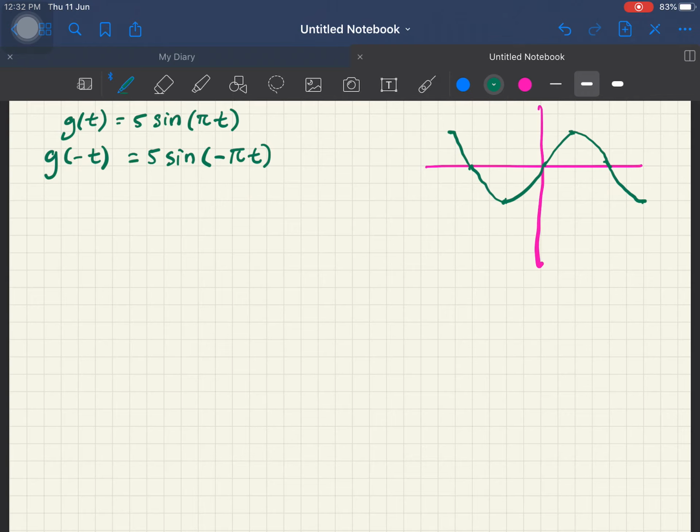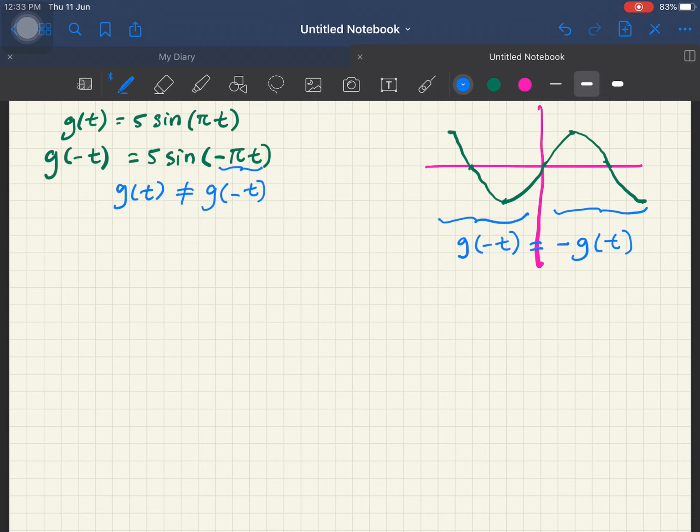If you look at this form, you can see that this part here is actually the negative mirror image of this part. So g of minus t is actually the negative mirror image of g of t, which means g of t is not equal to g of minus t.